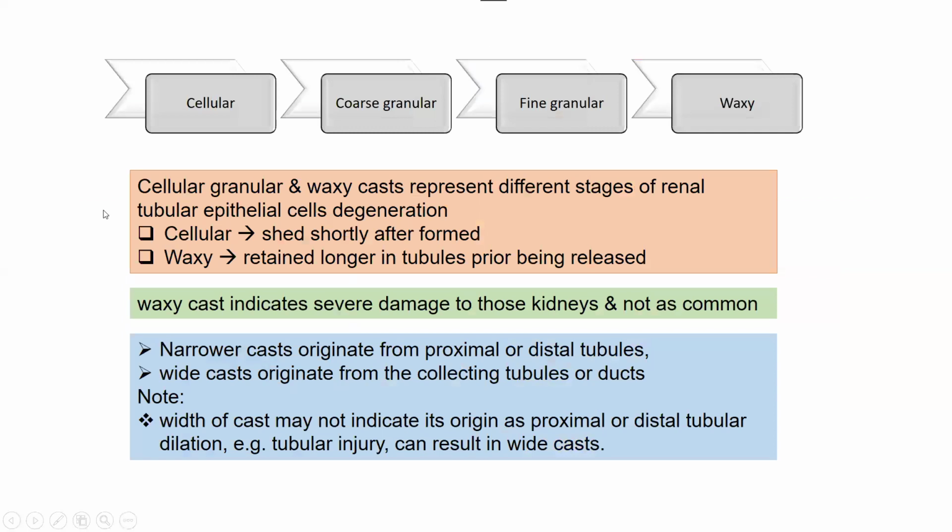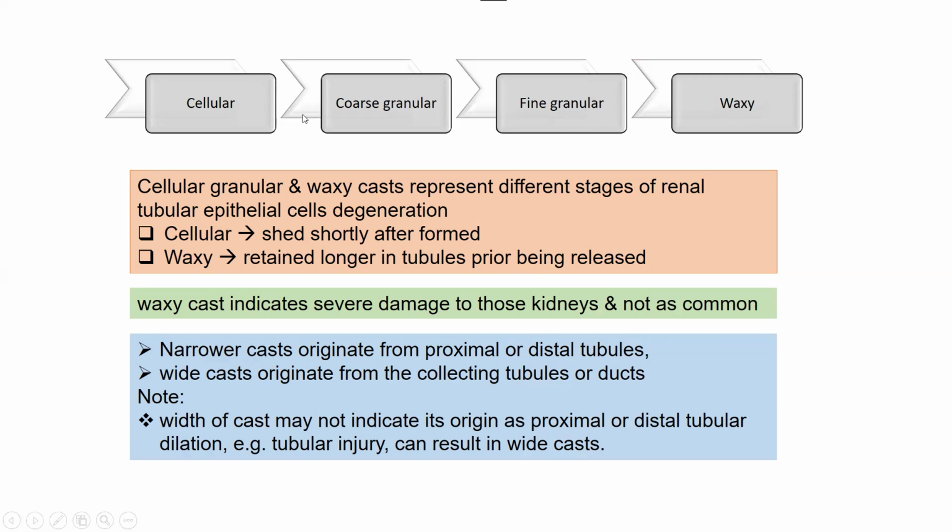Then, in the previous slide you have seen all those names of the types of the cast. Now you should see this sequence: the first cast that will form in the tubules will be cellular, and this cellular cast will degenerate to form coarse granular, which will degenerate to form fine granular, which will ultimately degenerate to form waxy cast.